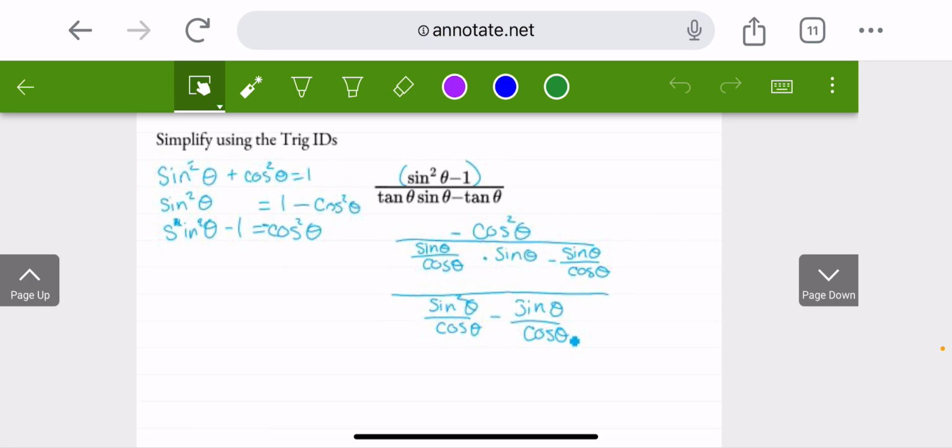All right? Good, we've got cosine squared theta on the top. I will change colors because this is getting really blue and smushed together, so I'm gonna erase this.